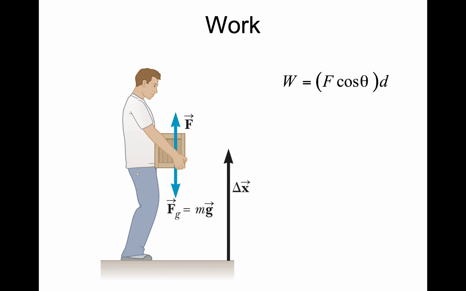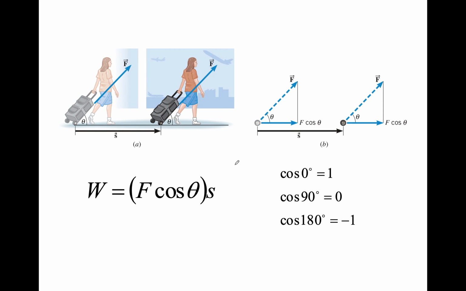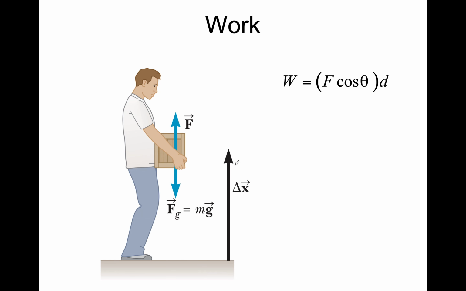Now if we look at this situation, we move a box from the ground up. The force applied by us is pointing up, and the displacement is pointing up. So our force is doing positive work because the angle between this force and displacement is 0. Cosine 0 gives us 1.